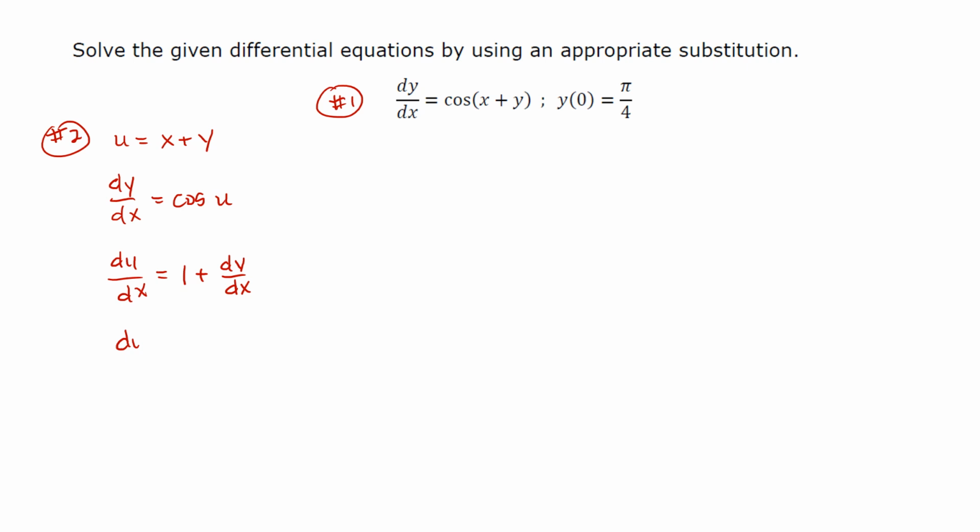So du dx equals 1 plus the cosine of u. Let's put u in parentheses. There we go. All right, now I can separate my variables. This is now step number 3.